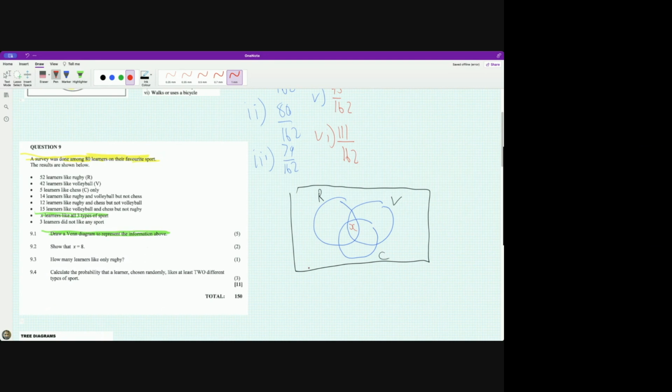Now, you still need to fill in the other regions. When you have completed your Venn diagram, please put a V in the chat so that I know that you have had a chance to think through this and do this question.